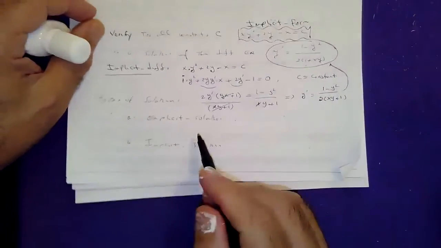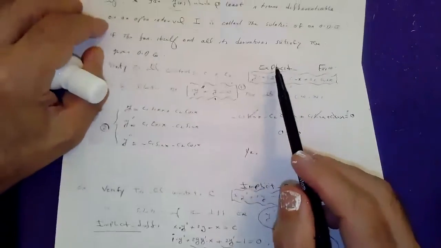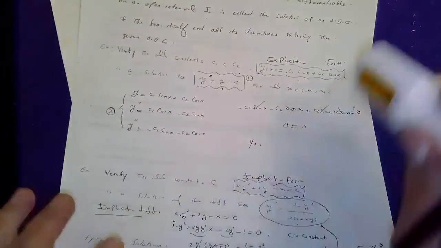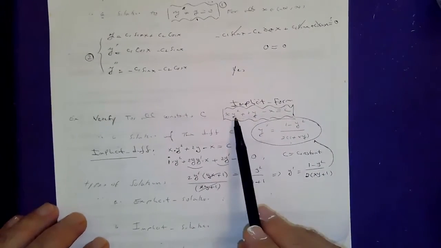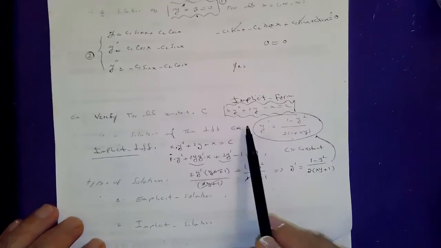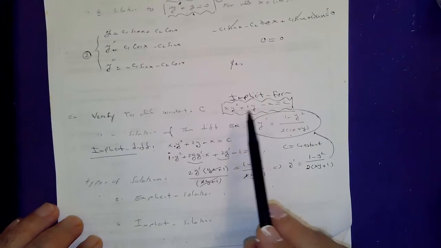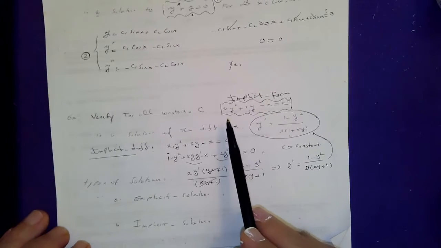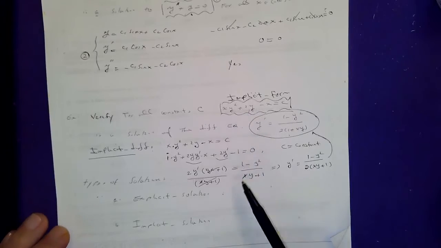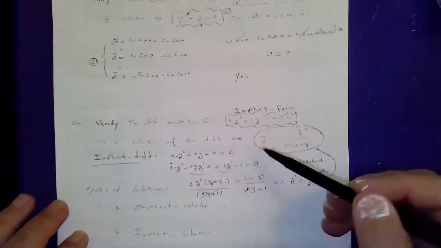So explicit, y is on one side, everything else on the other side, just like the first one. Implicit, even though y's are on one side, you cannot isolate this equation for y. Even if you factor out the y, you're still going to have xy plus 2 inside the parentheses. So that's the difference between the forms.